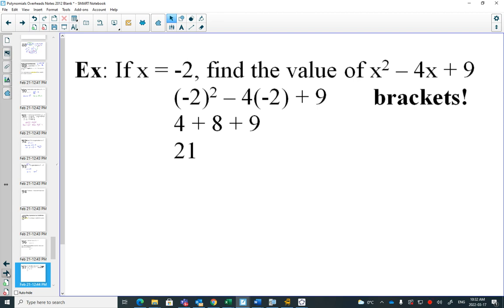Then I have minus 4x, so where the second x is, I put brackets and write negative 2. And now it's just order of operations. Are you okay that negative 2 squared is positive 4? Are you okay that negative 4 times negative 2 is positive 8? And then we would just have 4 plus 8 plus 9, add them together, and you would get 21.